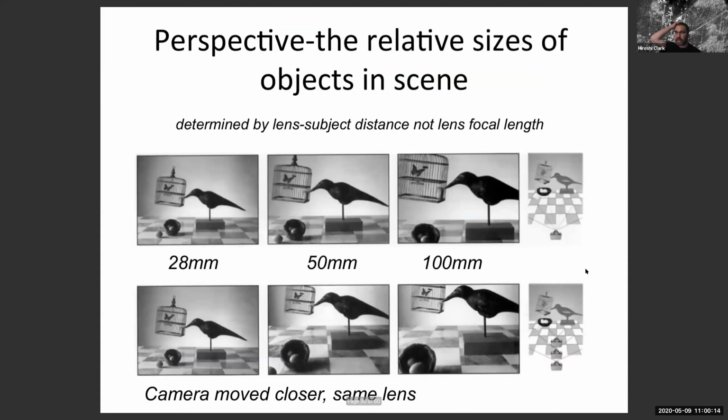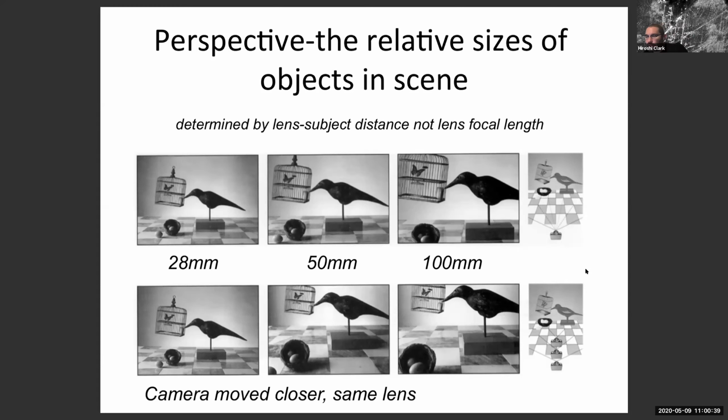Here's another good example. Your 28 is on the left, your 50 is in the middle, and your 100 millimeter is on the right. Now you can see the objects haven't moved, but the camera has moved on the images underneath. So your angle of view really matters too.